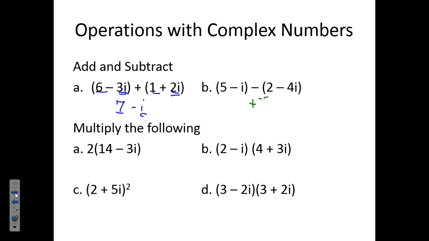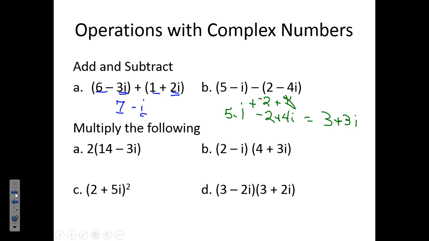So plus a negative 2 plus a positive 4i. So 5 minus 2 and negative i plus 4i. Okay.